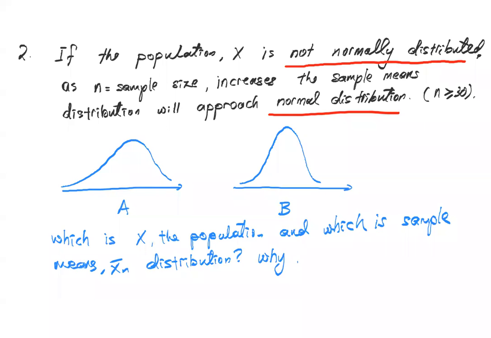In this case, you are not talking about the spread. You are talking about the normality. See or not? You give me the wrong reason, you get 0 straight. A is not normally distributed, but B is normally distributed. Therefore, B is the distribution of the sample mean.